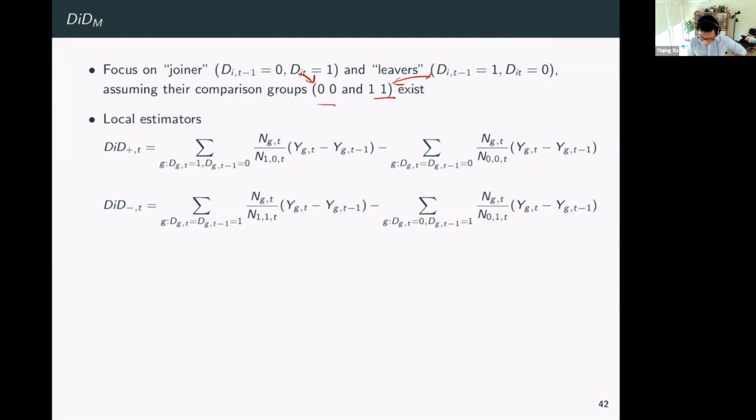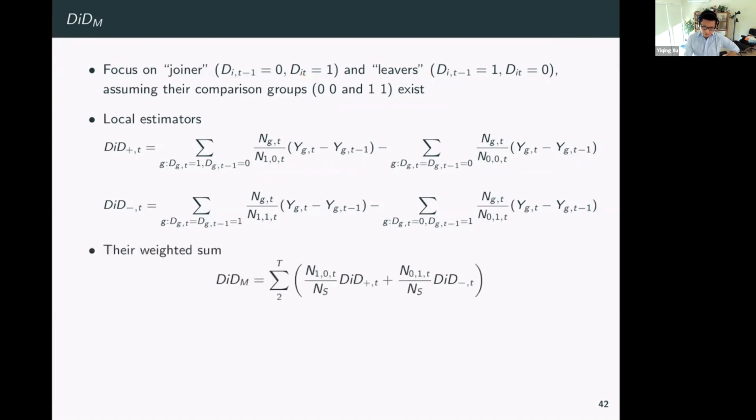This is 1, 0, this is 0, 0. 1, 0 means that D_it equals 0 and D_i,t+1 equals 1. This is the joiner's before and after change, minus the comparison group 0, 0's before and after change, and then we do a small DID. So this is a small DID for joiners, and this is a small DID for leavers. Then it takes a weighted sum of both joiner and leaver, so it estimates an ATE instead of an ATT.